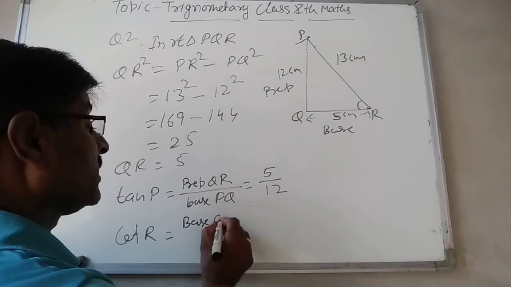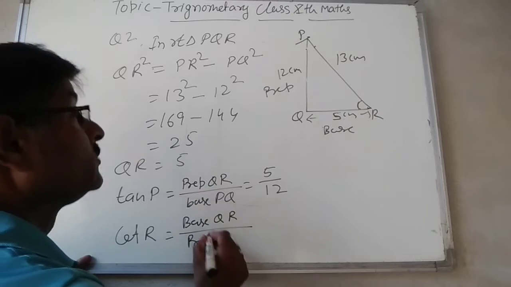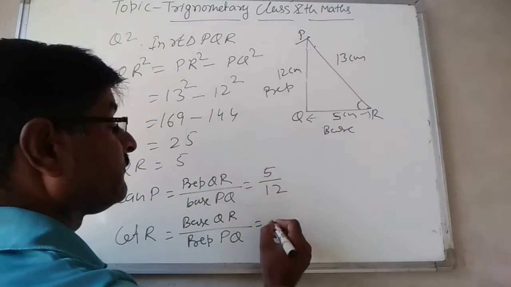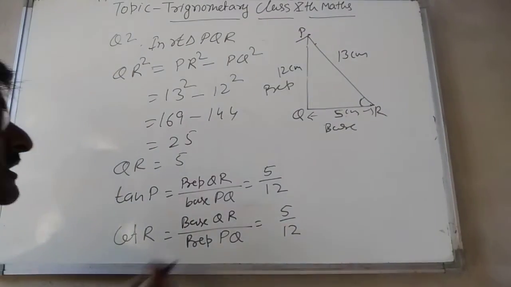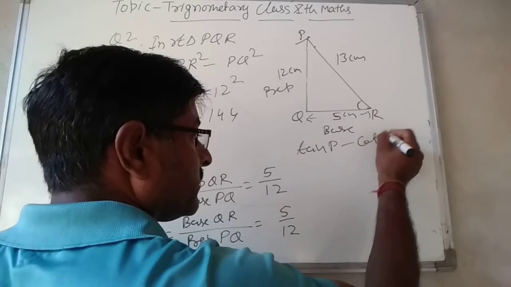Here base is QR, perpendicular is PQ. Again, it is 5 upon 12.